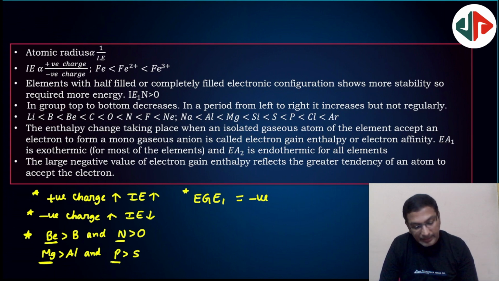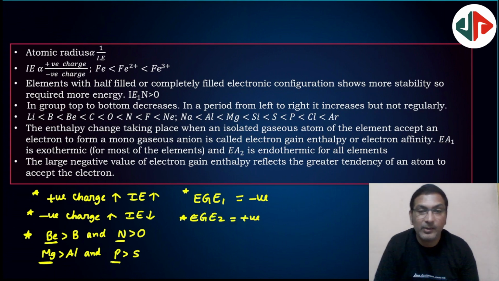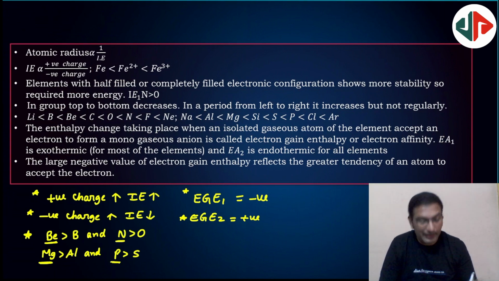Next, EA2, or second electron gain enthalpy, is positive for all the elements. Second electron gain enthalpy is always positive due to inter-electronic repulsions.